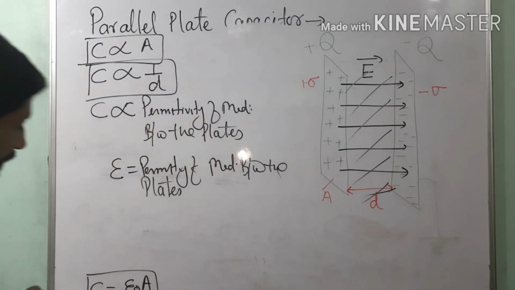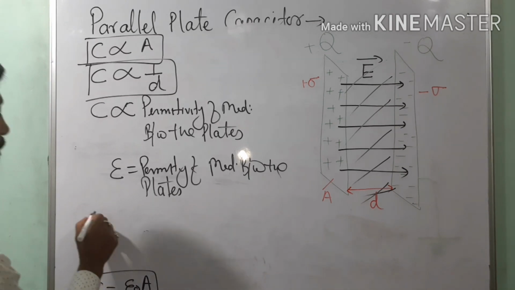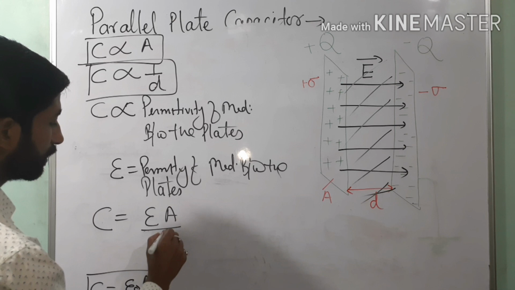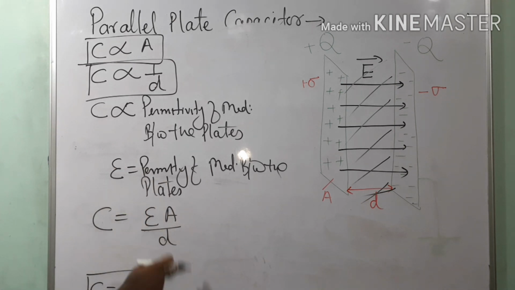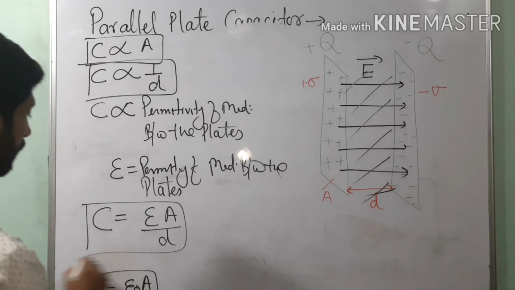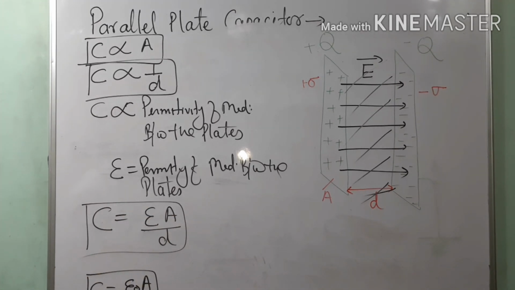Then what will be the capacitance? This epsilon gets shifted. Then C is equal to epsilon A over D. Remember, we are not changing any value of A and D. Okay, this is the new formula for the capacitance.